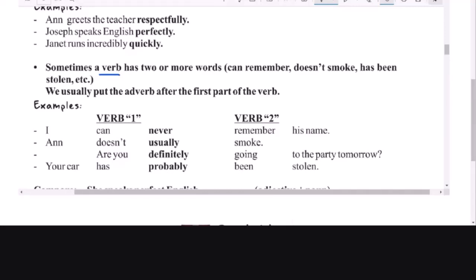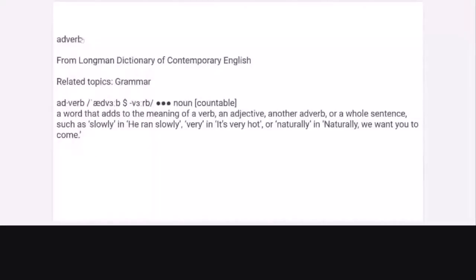Now for adverbs, I do have something about the order for that as well. Let's find that. Okay, so we see here just from the dictionary definition, the word adverb.